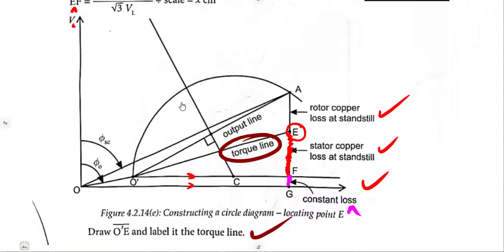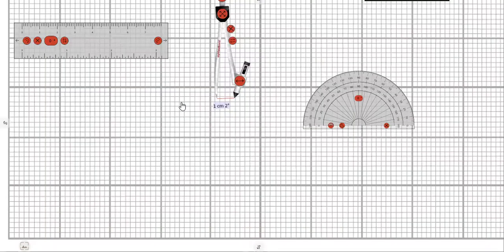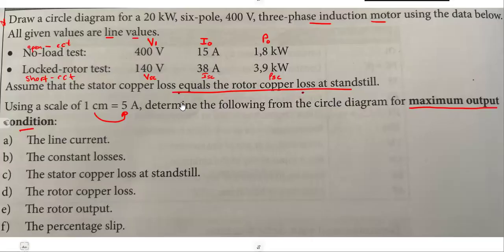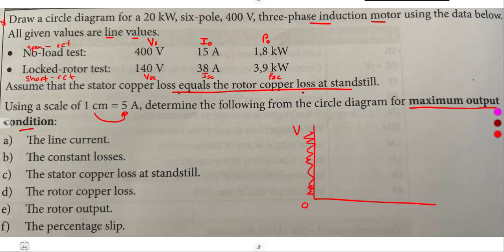So guys, let us see. As I stated in the previous class, we saw that the reference is the vertical axis, which is OV, and from that OV we must have the corresponding line, which is taken from the angle for the no load, and that must give us the no load current.